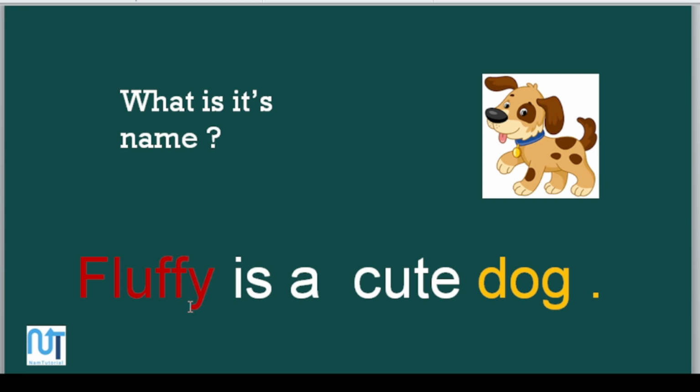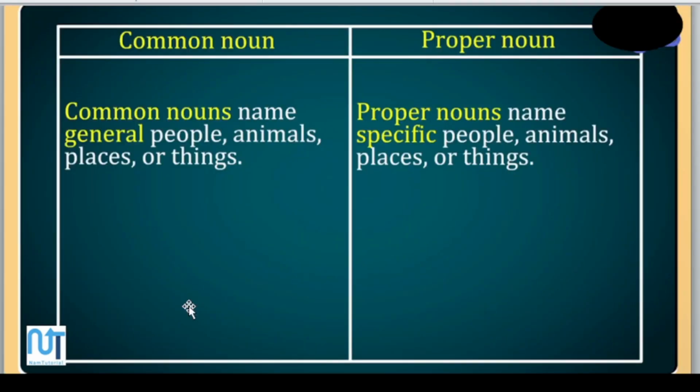Wow, we understood it. So, we are done with proper noun and common noun. Let's revise them. Just tell me, what is a common noun and a proper noun? Very good. Common nouns name a general name of a person, animal, place or thing, whereas proper nouns name a specific name of a person, animal, place or thing.